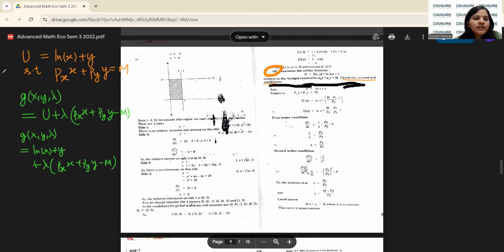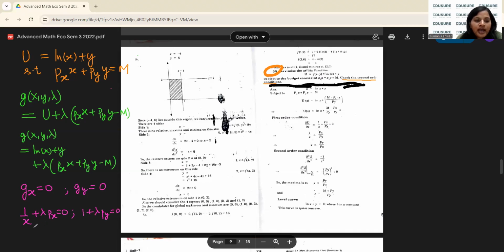The first order condition for maxima or minima is that the first derivative with respect to x and the first derivative with respect to y should be equal to 0. The first derivative with respect to x is 1/x + lambda times px, which should equal 0. With respect to y, it is 1 + lambda times py = 0.